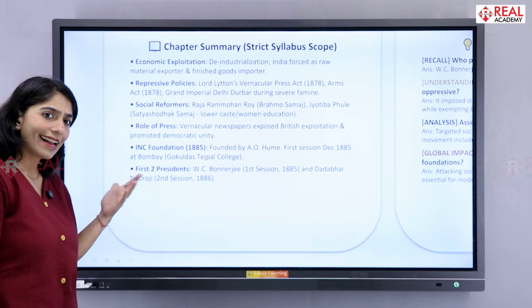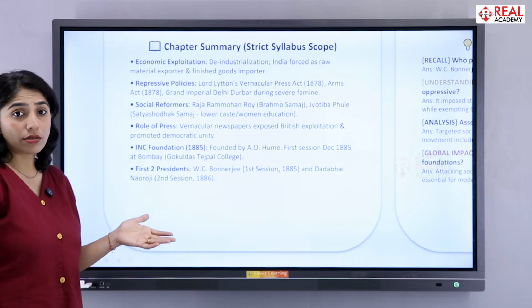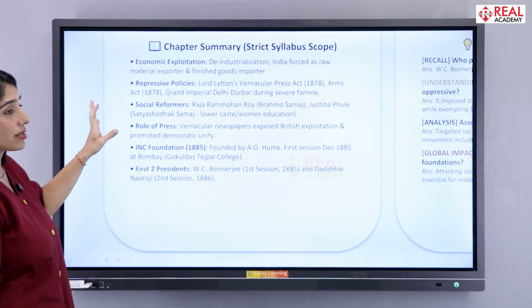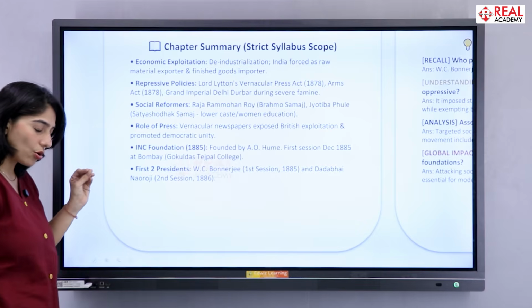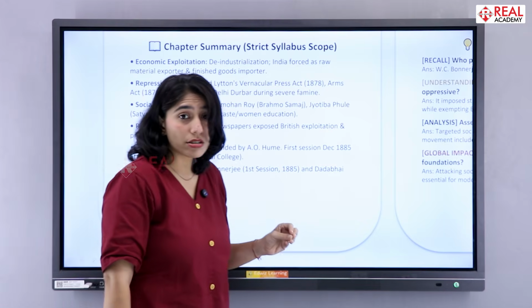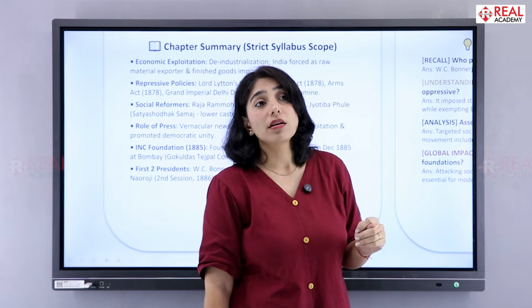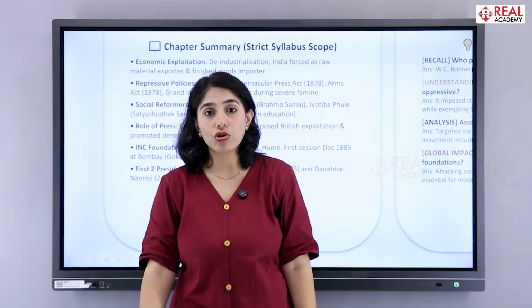So what adds on to this here is also your Lytton policies. Okay. So we talk about the repressive policies of Lord Lytton. One of the most important questions. Mind it, I forgot to tell you something. Your chapter number 1 is the most high weightage chapter even in your boards.